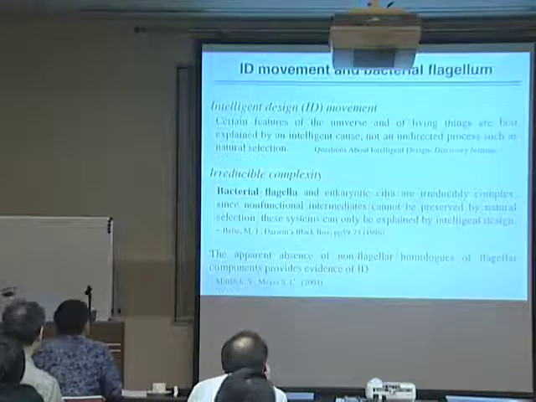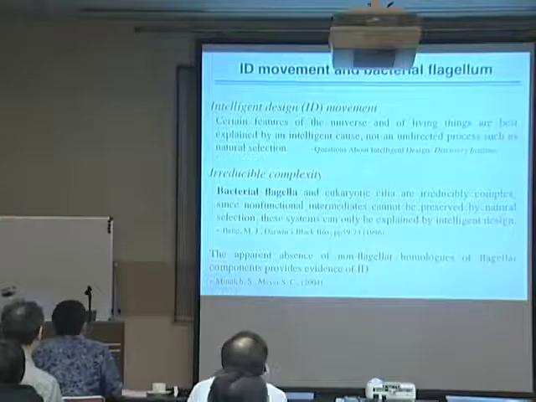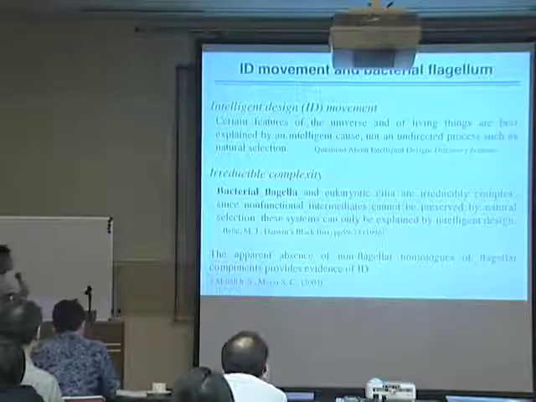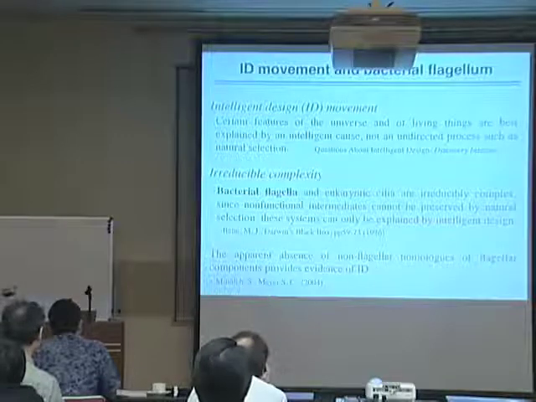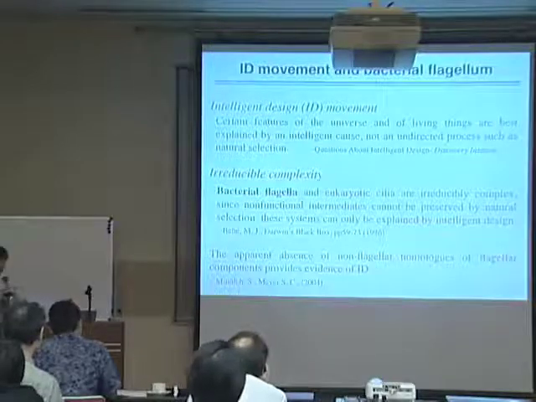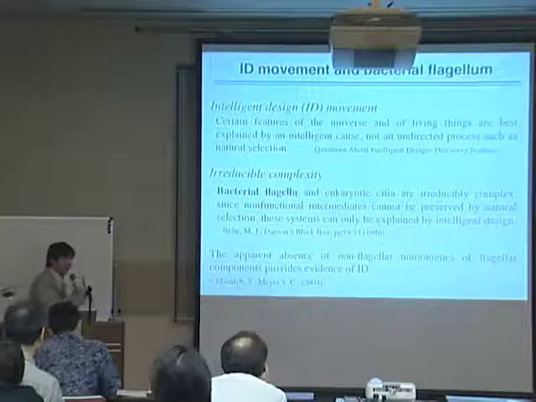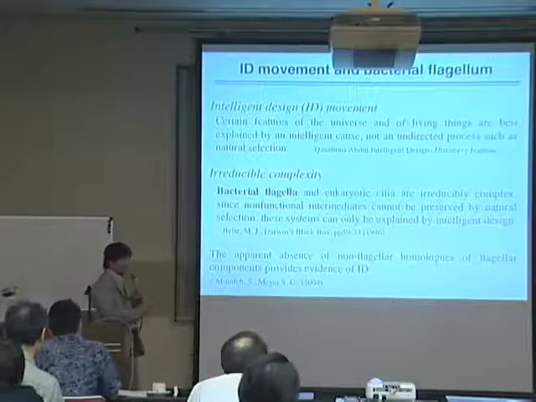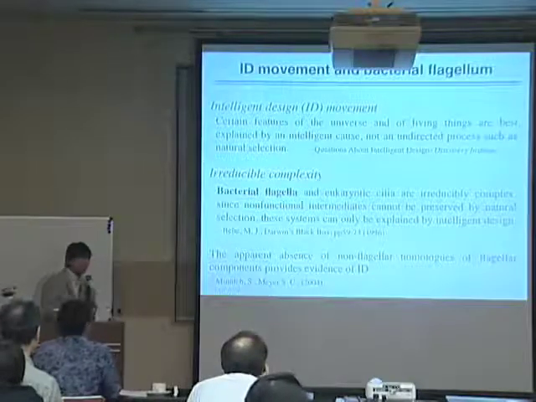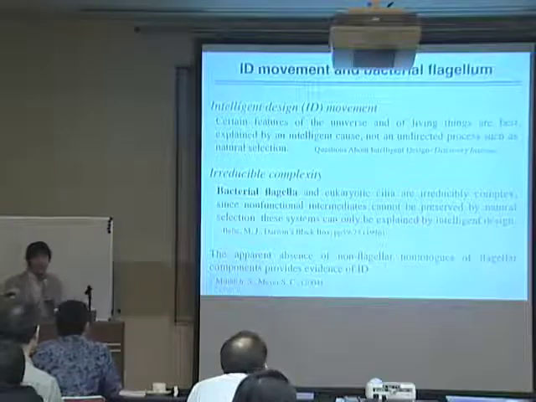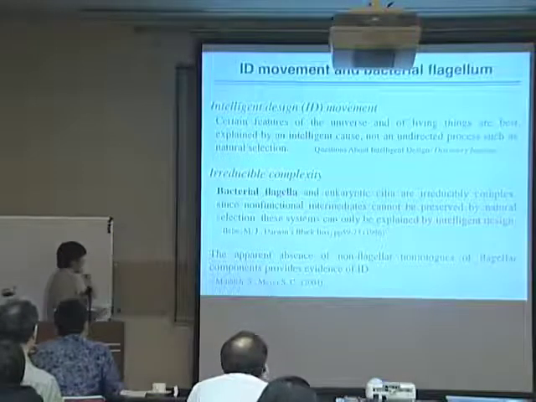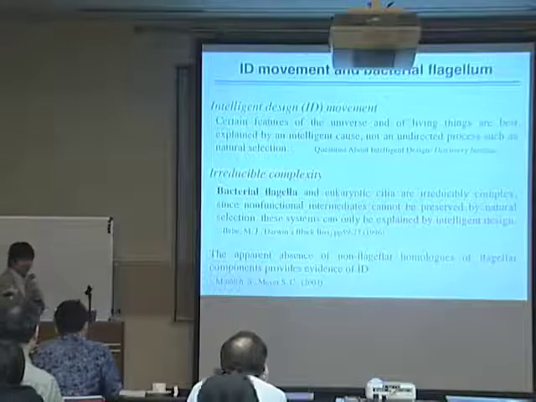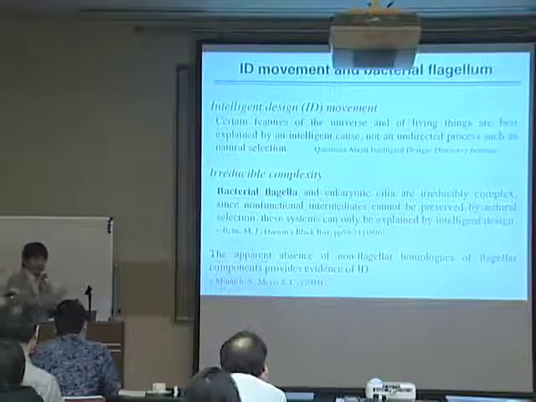They say that the bacterial flagellum has irreducible complexity, being such a complex structure, and that if some parts are lacking, the function should be lost. But it's not true. In some mutants and some different types of organisms, there is a really different type of flagellum that lacks certain parts.